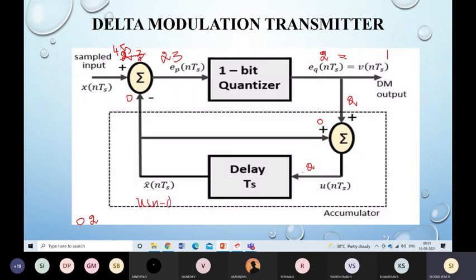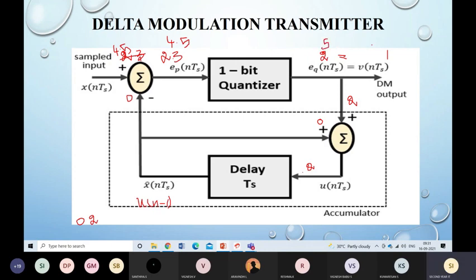So here u of nTs is 2, and u of (n minus 1) Ts is 0. So again 4.5 minus 0, here you will get 4.5. If you round off to the nearest value, you will get 5. Okay, I assume it is 5.